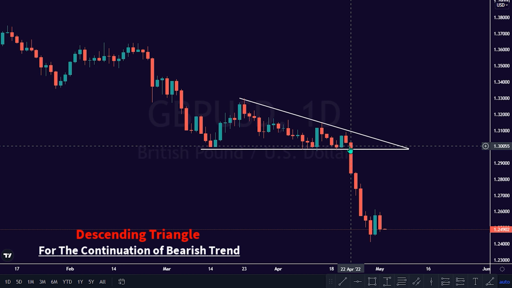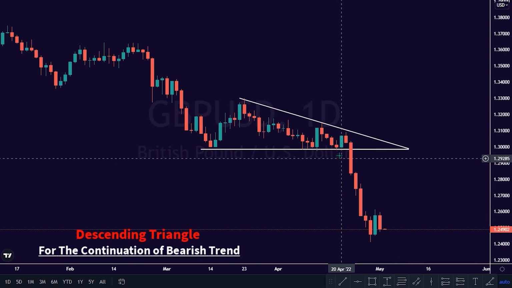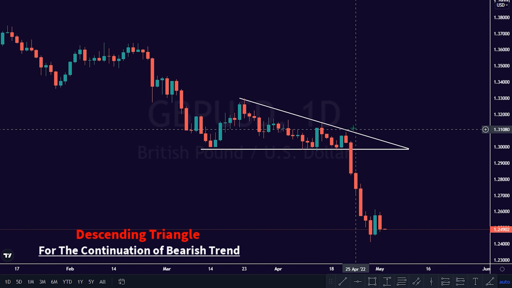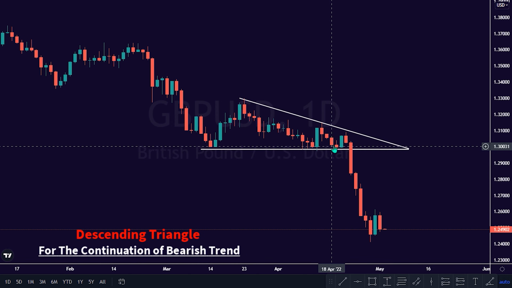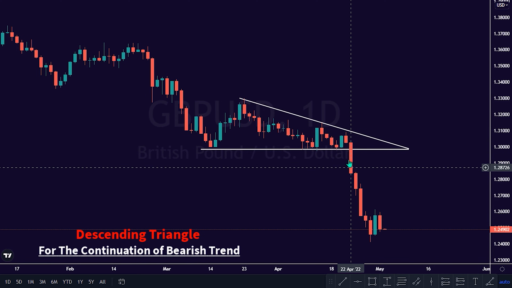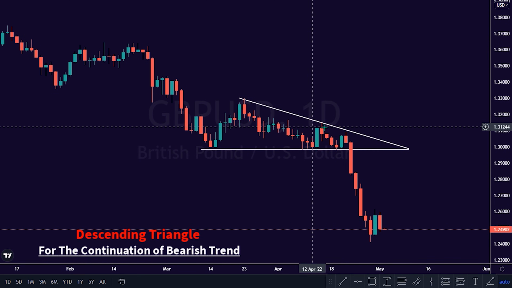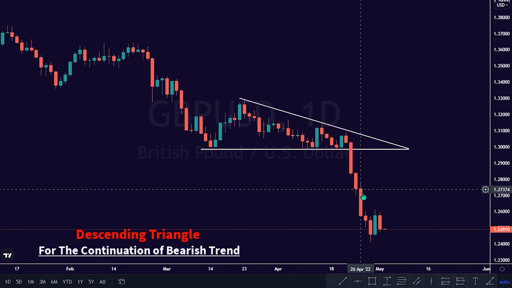The final step is to patiently wait for a strong bearish breakout of price below the support structure of the chart pattern. As we can see on this price chart, the bearish breakout of price below the lower structure of this pattern led to the continuation of this bearish rally in this market.